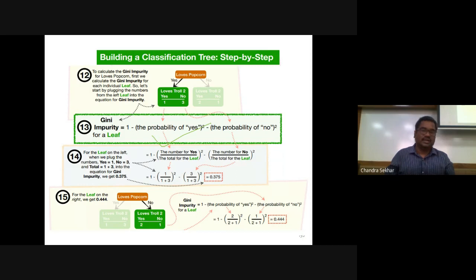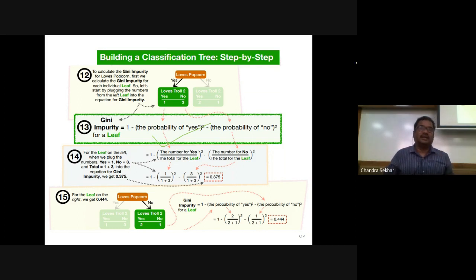Okay. So any doubt here in decision trees? Can someone summarize what are the steps involved in decision trees? So what are the steps?